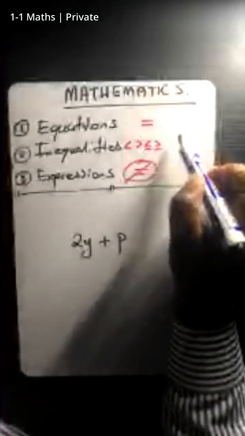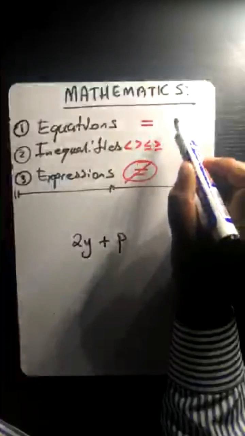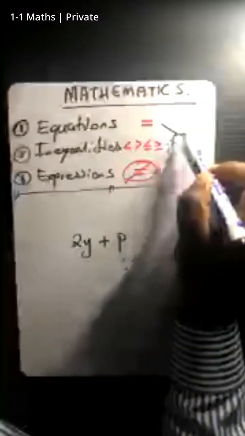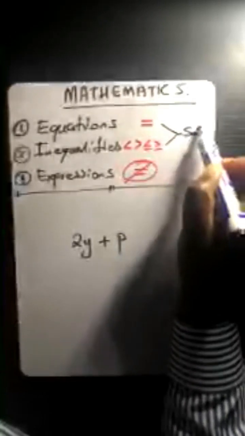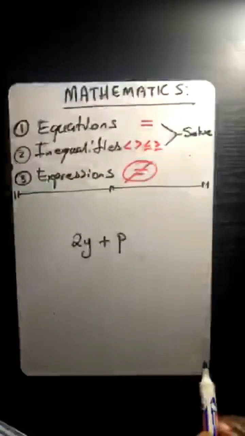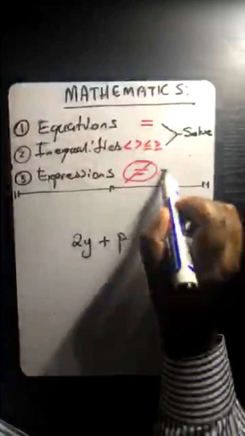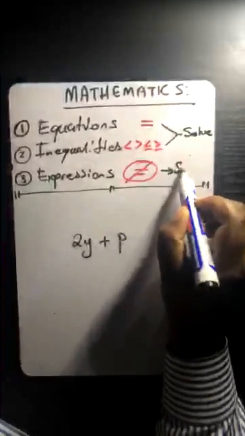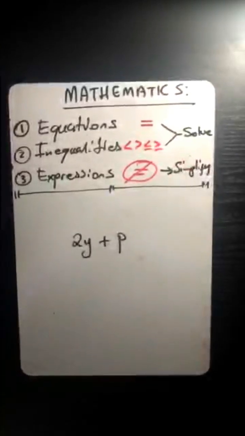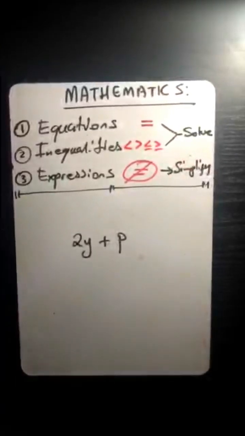You only solve if you are having an equation or inequality, that is the moment you solve. But if you are having an expression, you don't solve, but you simplify.